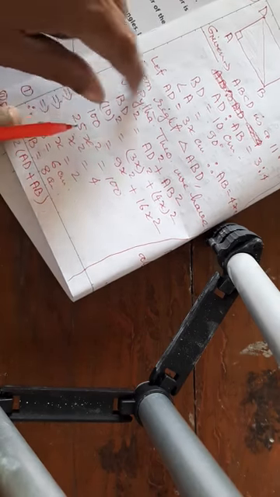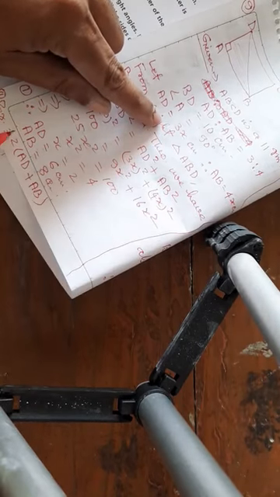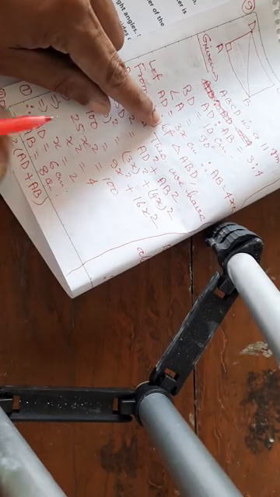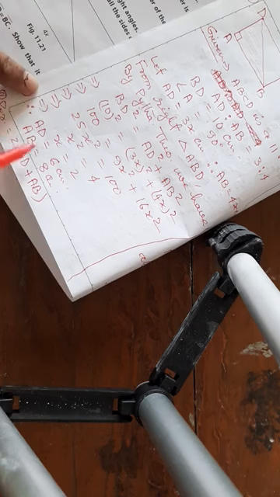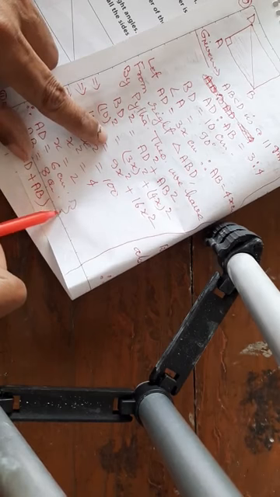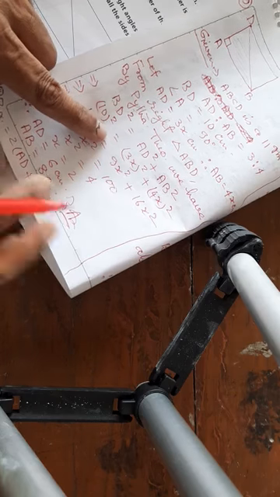AD is equal to 3x, 3 into 2, 6 centimeter. AB is equal to 4x, so 4 into 2, 8 centimeter. So the first part of question 9: length of sides of the parallelogram, 6 centimeter and 8 centimeter.